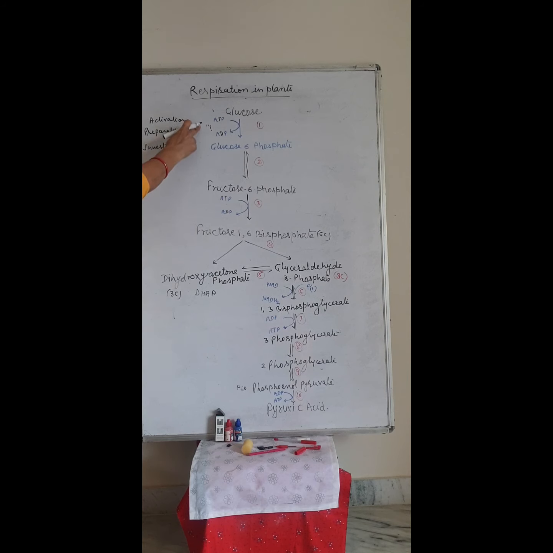These steps are energy consuming. Activation of glucose is going on by absorbing energy. This is the preparation for the Krebs cycle. This is the investment phase because energy is involved, and 2 ATP are consumed. So this is called the investment phase.